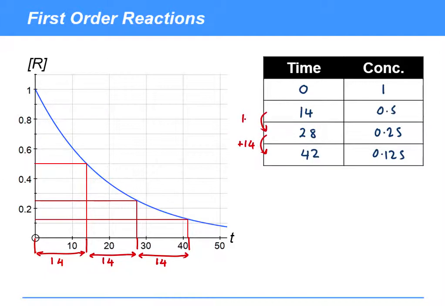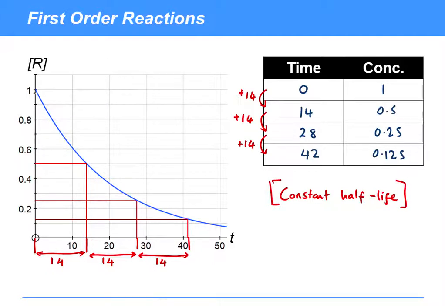From there to there is 14. From there to there is 14. So what we've got here is a constant half-life. So for a first order reaction, we've got constant half-life. And it's really important that if you're going to prove that something's first order, then you've got to use 3 consecutive half-lives. So constant half-life for a first order reaction.